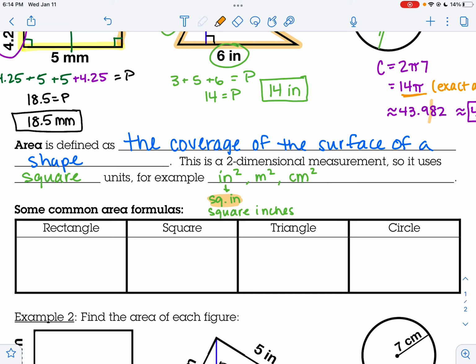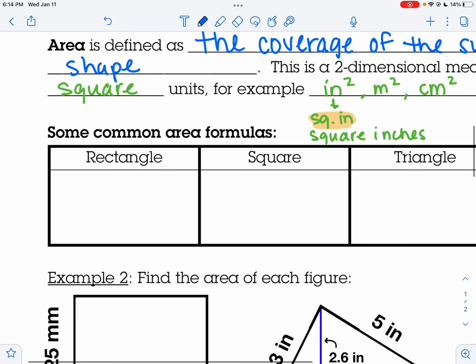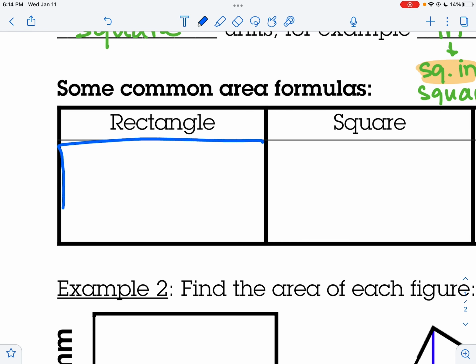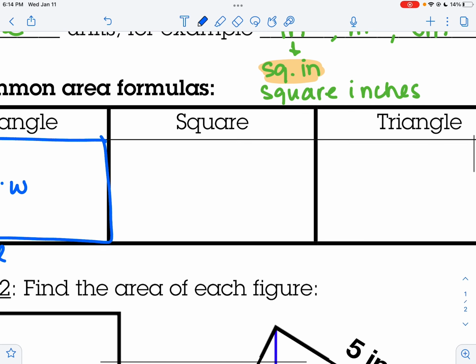Now, area formulas that you probably remember. So in a rectangle like this, to find the area, you would take the length times the width. Area equals length times width. Now in a square, it's really just a special rectangle.